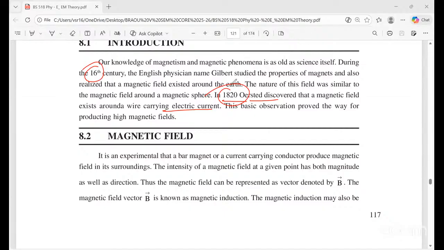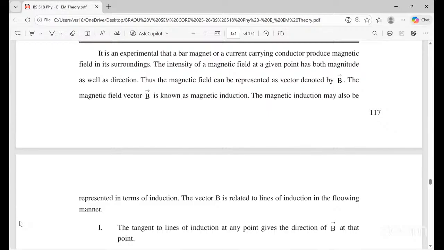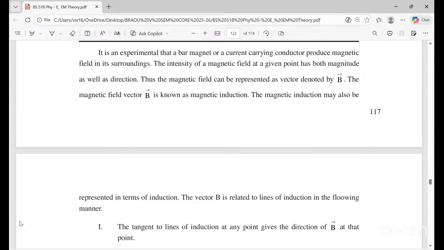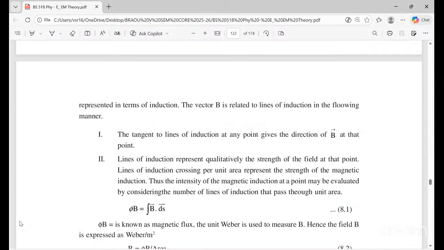Okay, but the thing is, in which direction? Perpendicular. That is very, very important. So you can go for this magnetic field here, a current carrying conductor according to Ørsted, which may produce the magnetic field. If you want to calculate the intensity of the magnetic field, you have to apply the magnetic field, which can be represented by capital B, also called the magnetic induction.